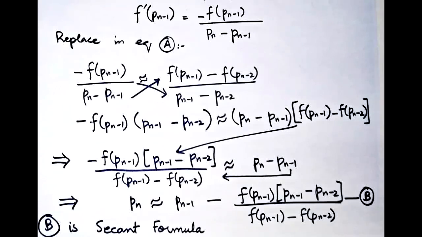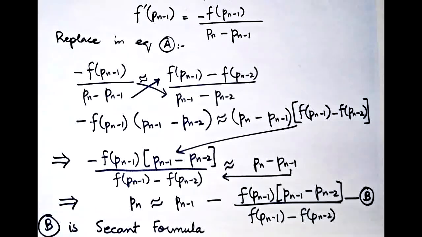If I cross multiply, it becomes minus f(Pn-1) times the difference of the consecutive points, Pn-1 minus Pn-2, approximately equal to Pn minus Pn-1 times f(Pn-1) minus f(Pn-2).